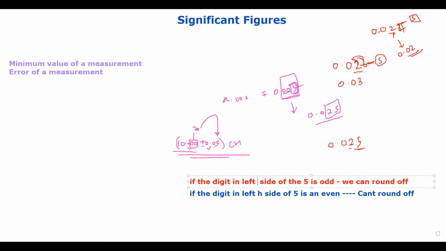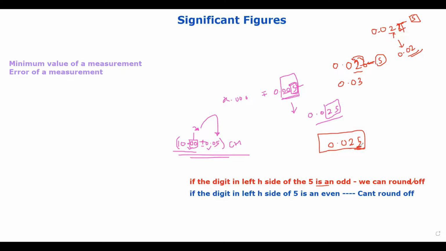So according to these two rules, what is the result of 0.025 after rounding off? This is 5.